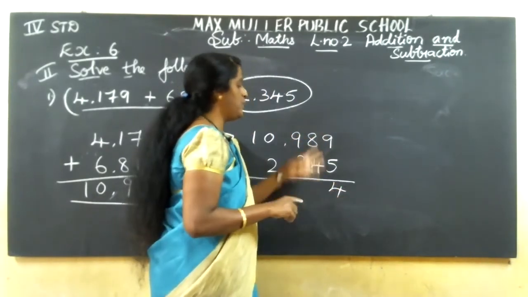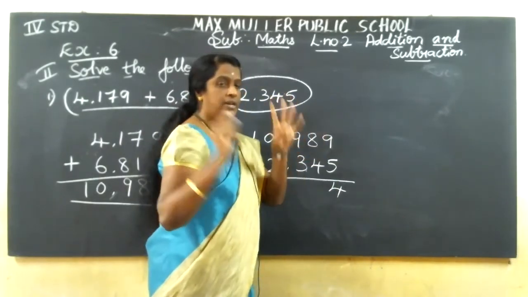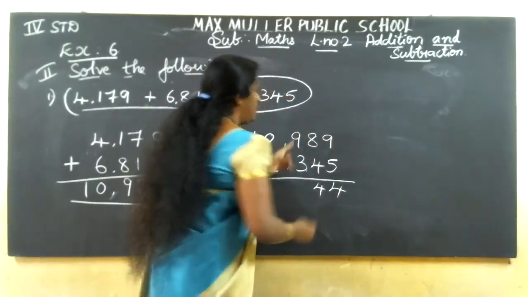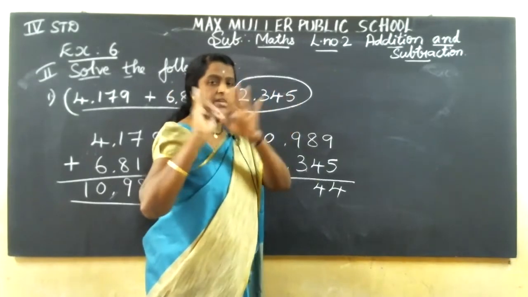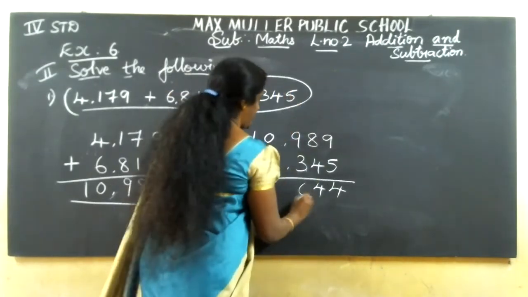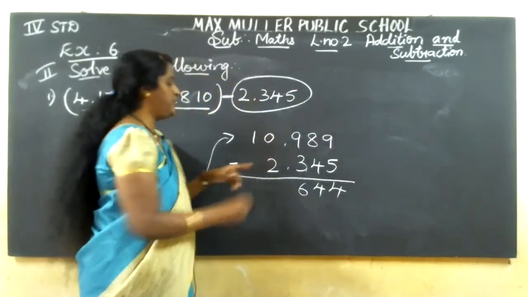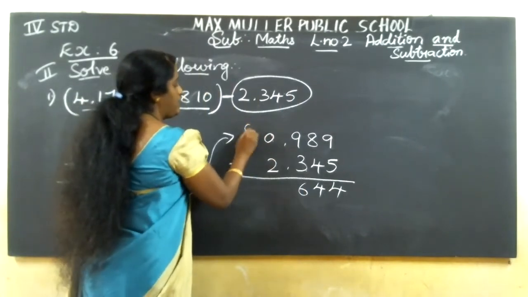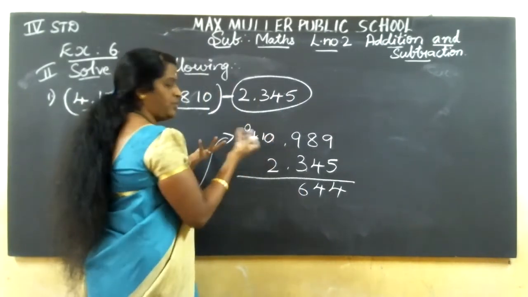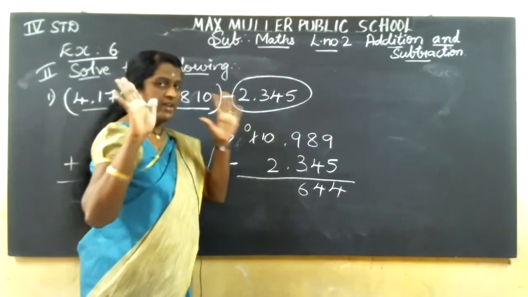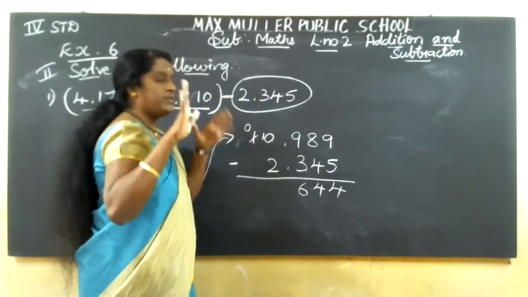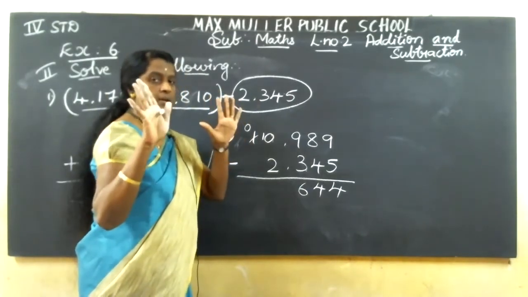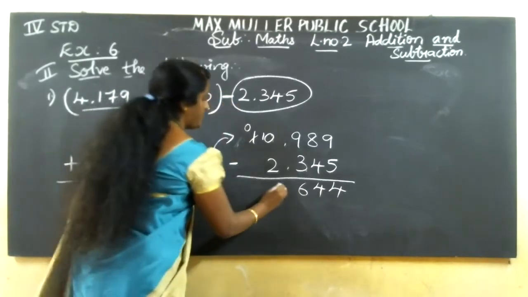The answer I got is 4. 8, cut 4 fingers, 4. 9 minus 3, 6. Here 10 minus 2. If you borrow also, here it becomes 0, here it becomes 10. So no need to borrow. I am having 10 fingers. Here there is no number, so directly you can count 10 minus 2, 8.